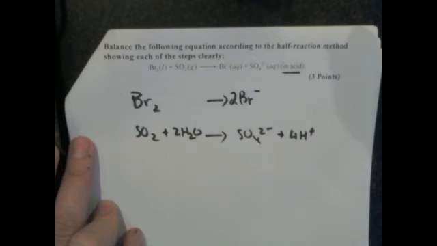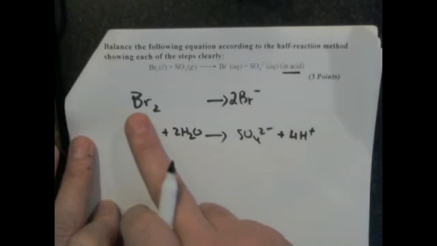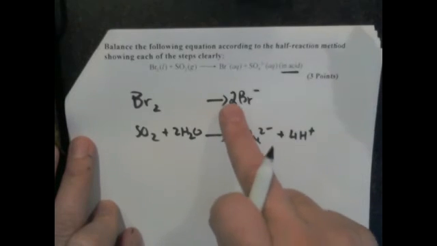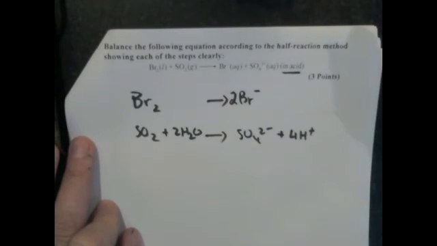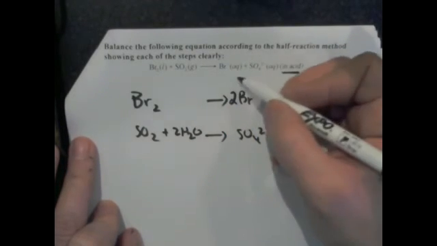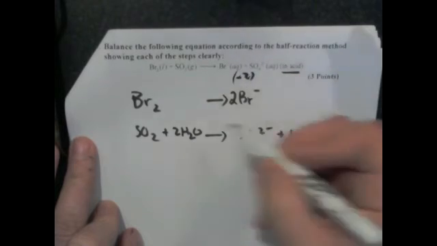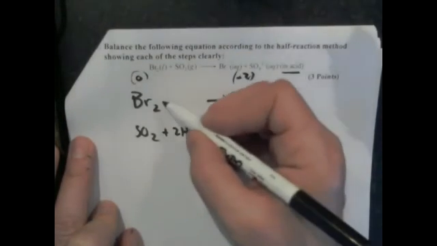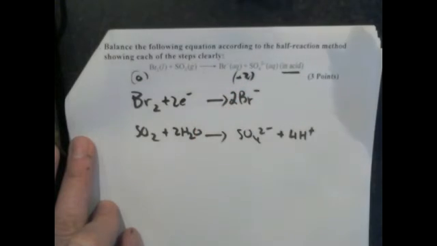And now I have to balance for charge by adding electrons. On this side, I've got 0 charge, and on this side, I've got 2 times -1. So total charge on this side is -2, and total charge over there is 0. So I'm going to need to add in 2 electrons.